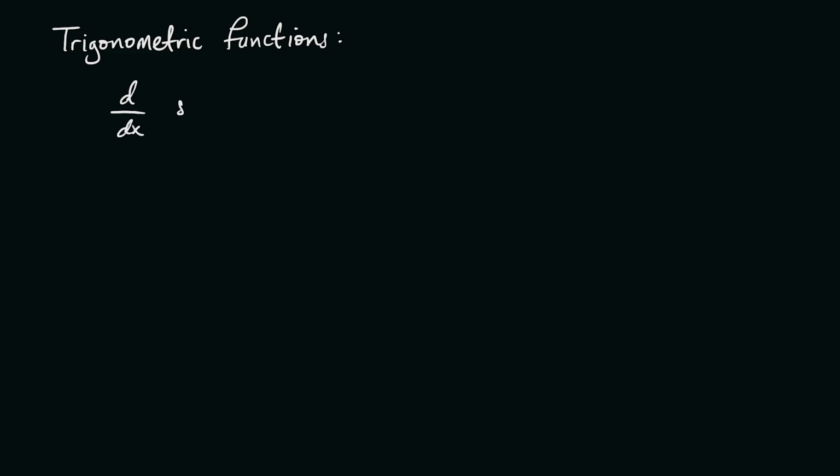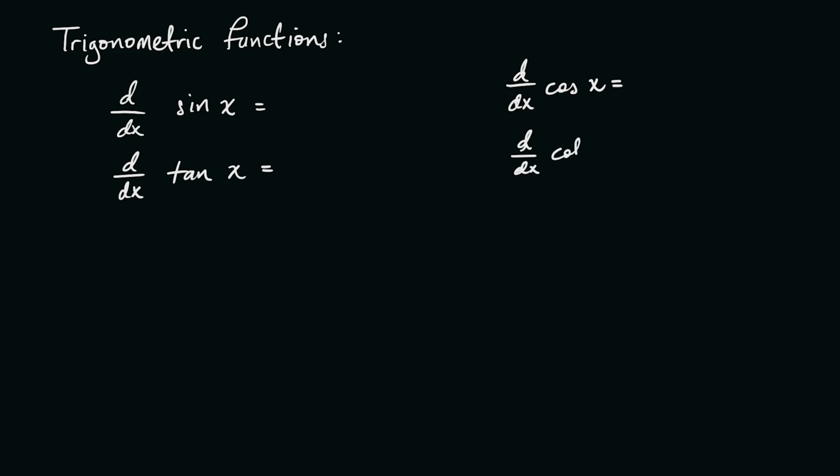D over dx of sine of x equals what? D over dx of cosine x. D over dx of tangent x. The derivative of cotangent x. And then the last two are secant x and cosecant x.